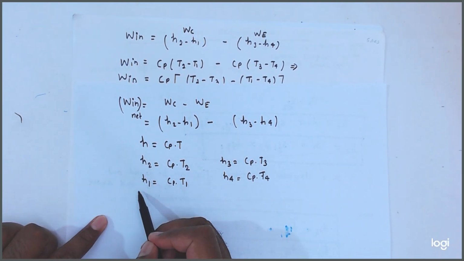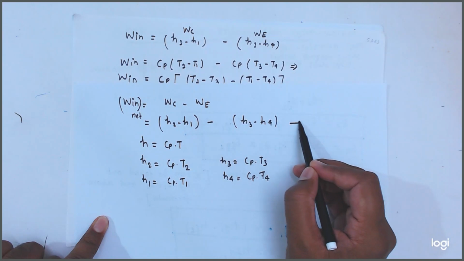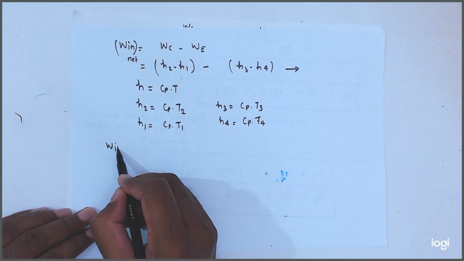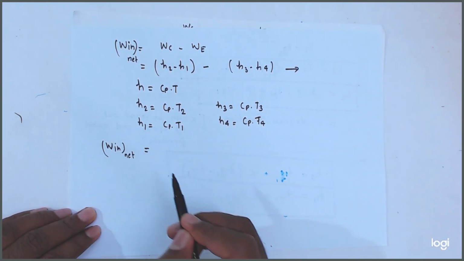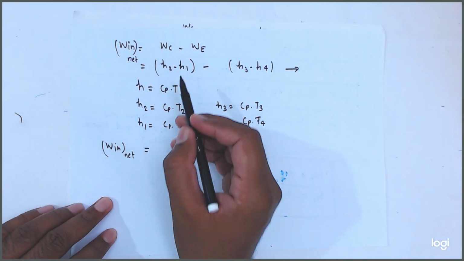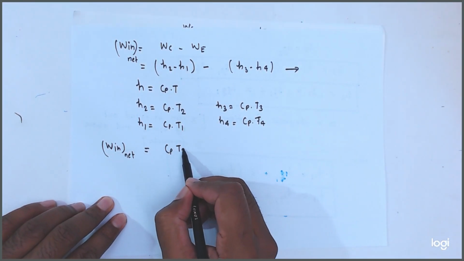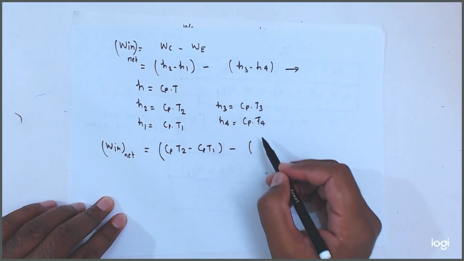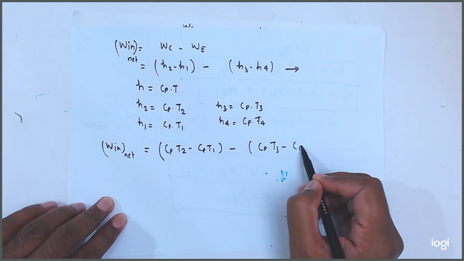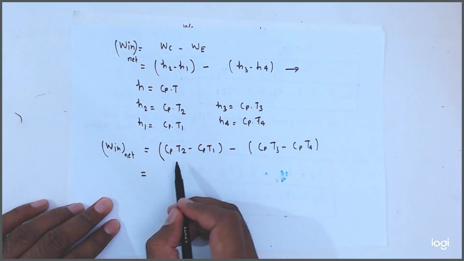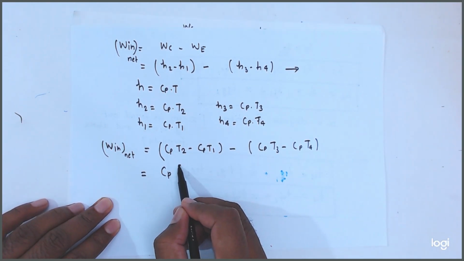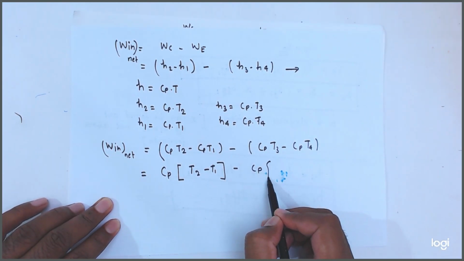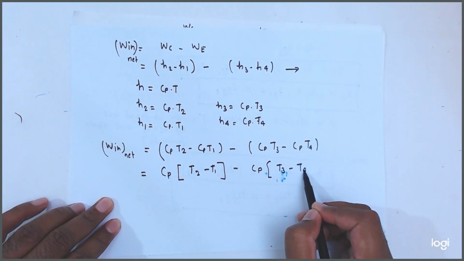We will put all these values in the equation. So what will we get? W input net is equal to H2 minus H1, so Cp T2 minus Cp T1, minus Cp T3 minus Cp T4. Cp is constant, so we take it common: T2 minus T1 minus, taking common, T3 minus T4.